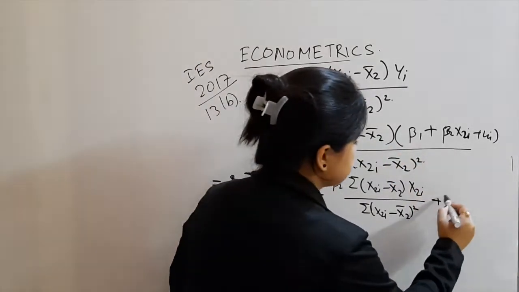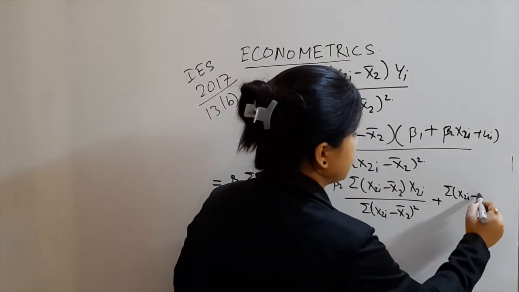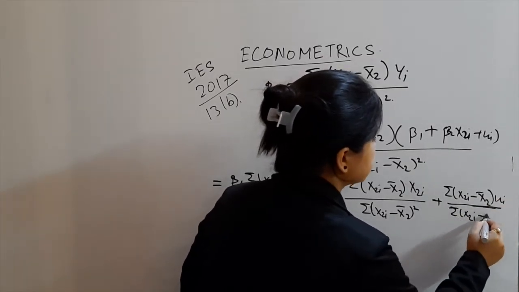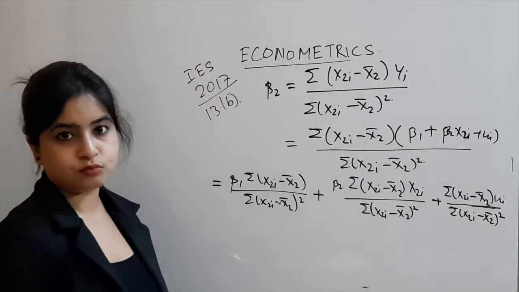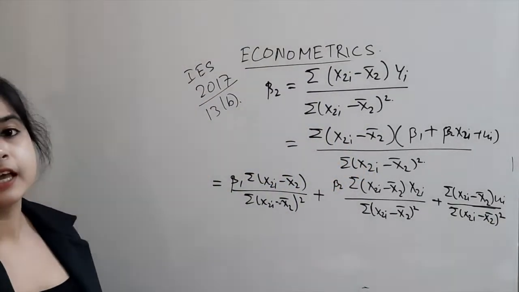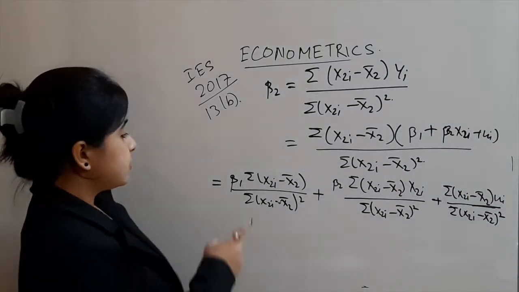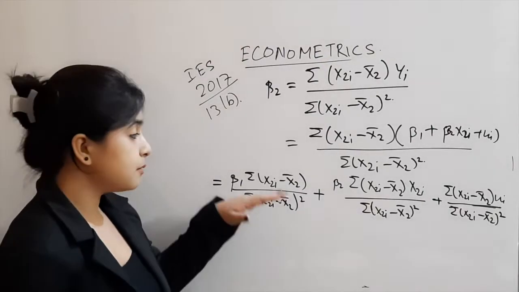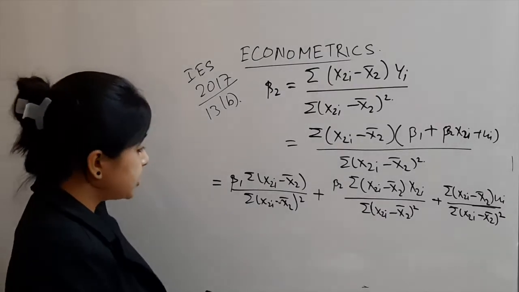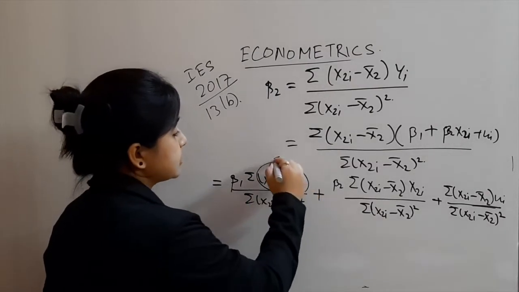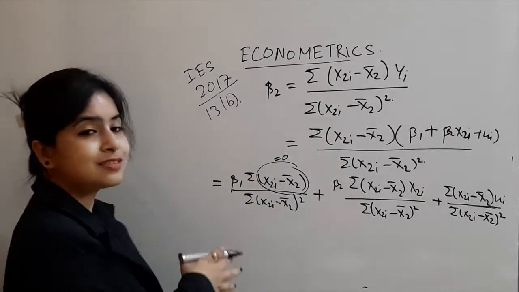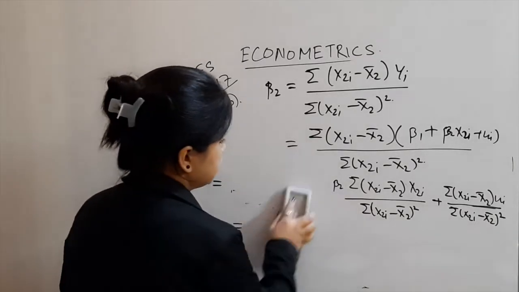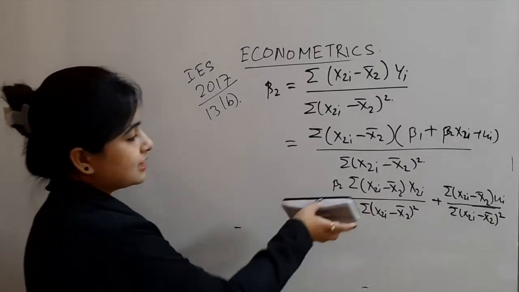And finally we have the end term, that is (x2i minus x2 bar) into ui, divided by summation of (x2i minus x2 bar) whole square, right? After expanding, this is the thing. From this first part, look at it. Don't we have the same pattern that we had before for the y bar thing? So here also this part is 0, and because of this, this whole term gets wiped out. I'm erasing this part, and we are ultimately left with these two terms.